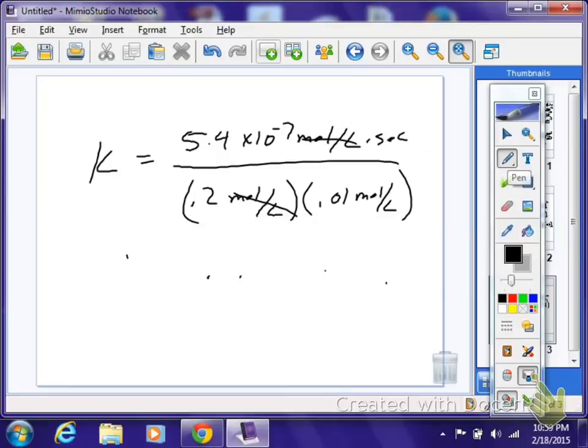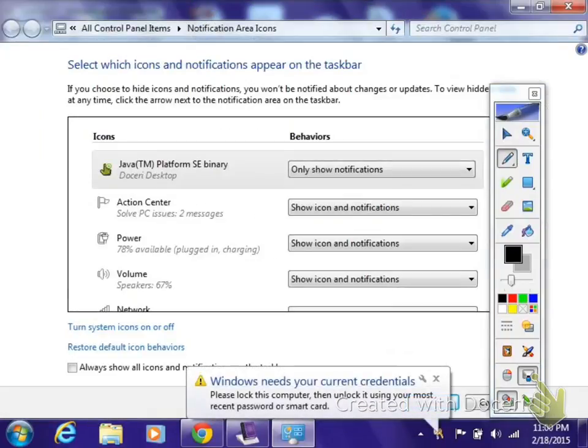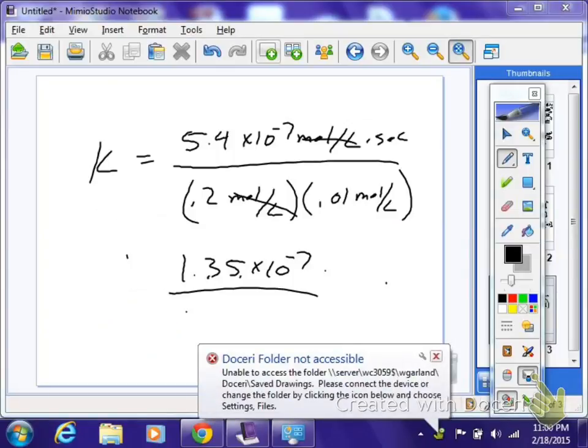So experiment 1, the rate was 1.35 times 10 to the minus 7, divided by its two concentrations, which are 0.10 and 0.05.